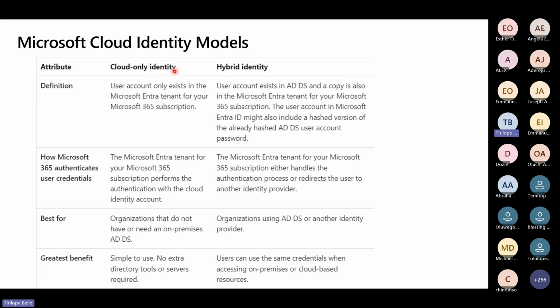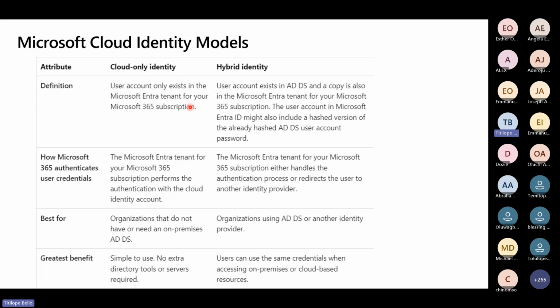To help you decide the type of identity model that you want to use with your Microsoft 365 is to understand what you can do, right? The cloud-only identity means the user exists only in your Microsoft Entra tenant or Azure Active Directory tenant.